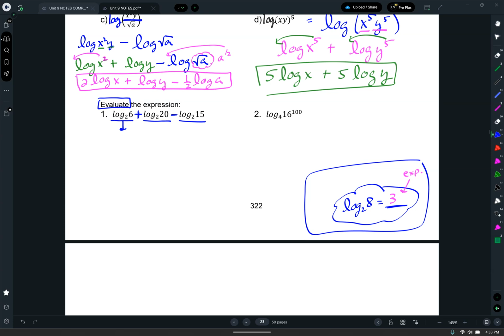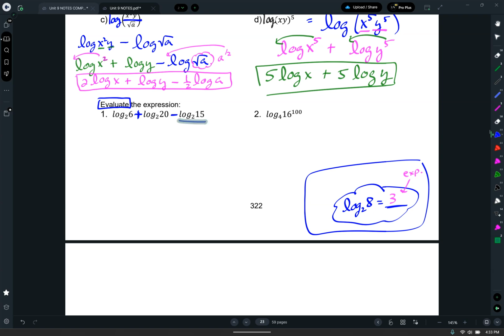Log base 2 of what equals 6? Well, it's not 3, because 2 to the 3rd would be 8, right? It can't be 2, because 2 squared is 4. So, in fact, there is no exponent I could put on 2 that would equal 6. Can't happen. Same thing is true here. There is no exponent I could put on 2 that would equal 20. All right, so this isn't going to work. I'm not going to be able to do them individually.